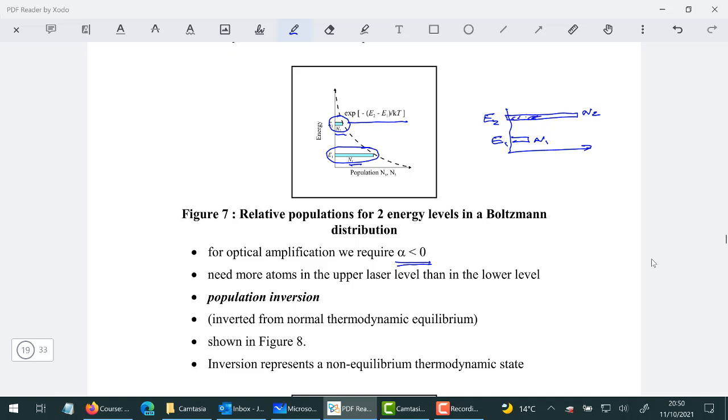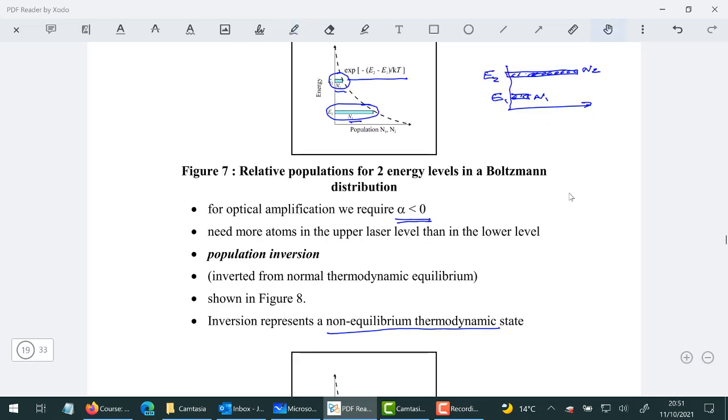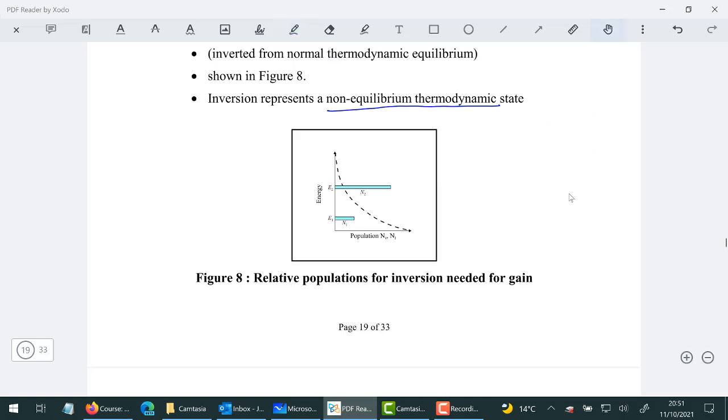So this is inverted from the normal situation that we would have at equilibrium. So population inversion means that we have a system which is very far from thermodynamic equilibrium. Okay. Lasers don't work if they're in thermodynamic equilibrium. We need to have more atoms up in level 2 compared to the number of atoms in level 1.